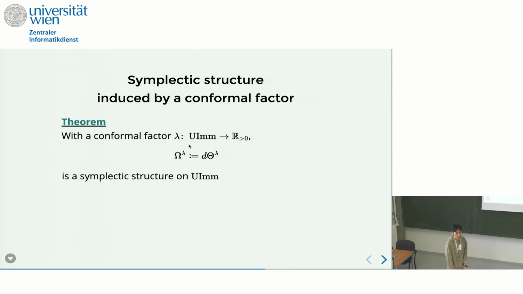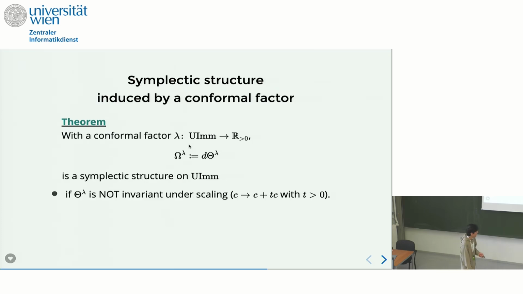In the process that I explained, it becomes a symplectic structure on the shape space under a certain condition: if the one-form theta lambda is not invariant under scaling of the curve, then this indeed defines a non-degenerate symplectic structure.